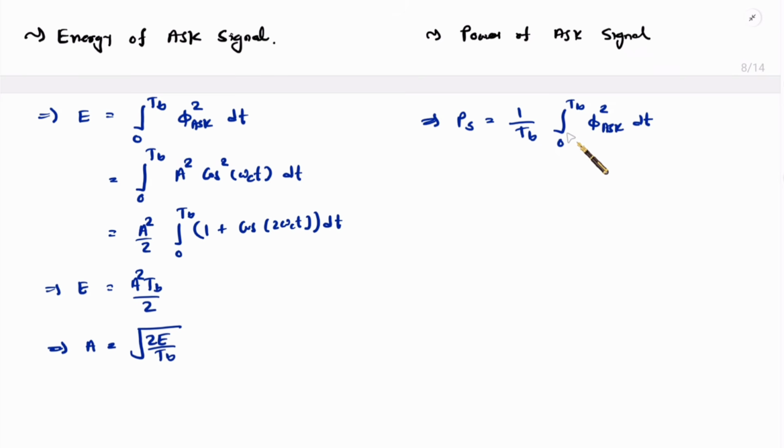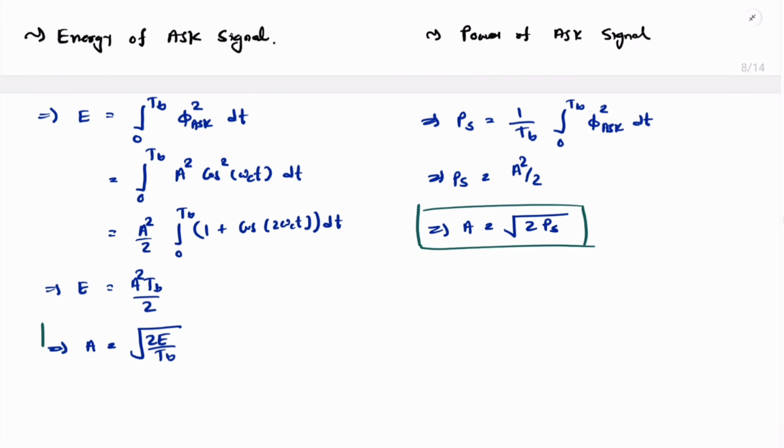So here, if you place this integration directly, then you can say this TB and this TB are getting cancelled and we will have power, that is A square by 2, right? Now based on power, one can say amplitude is square root of 2PS, right?